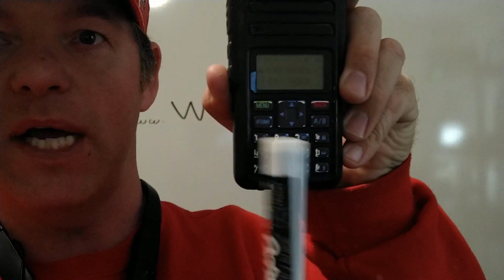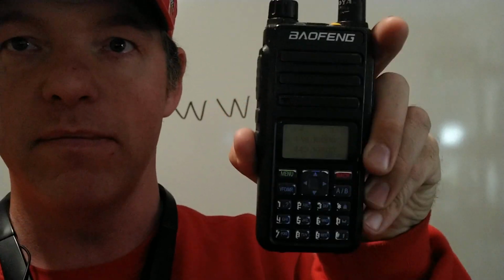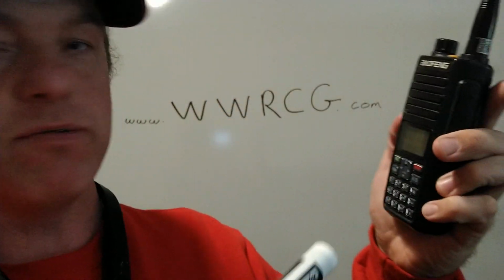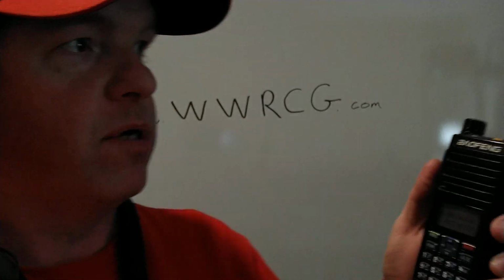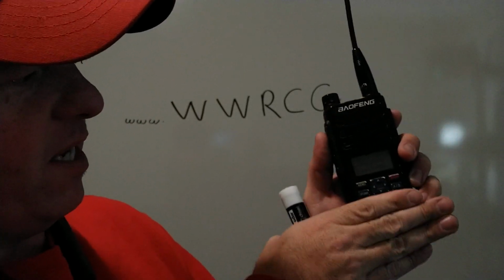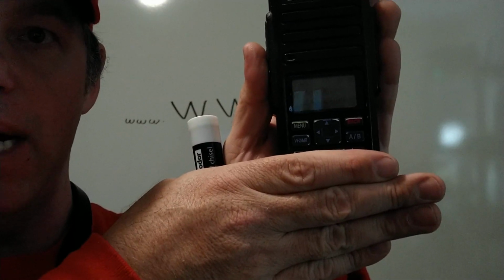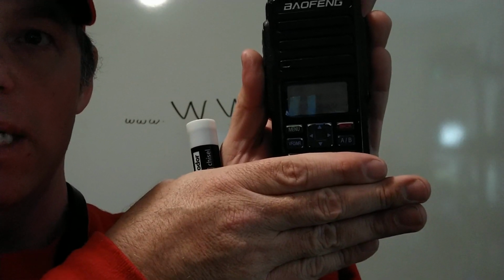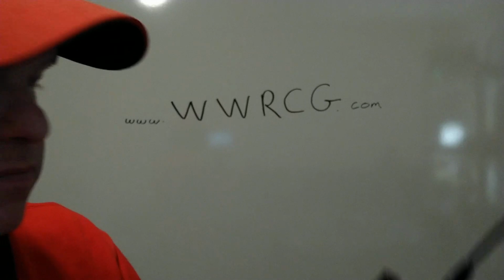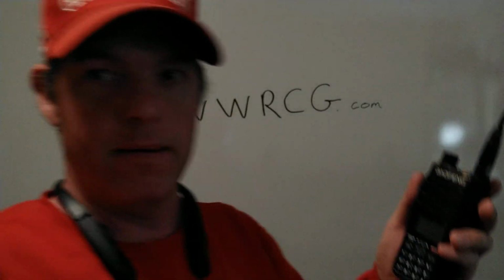This right here is a Part 90 radio, okay? If this was a Part 95 radio, you would not see anything but this right here. A Part 95 radio, that's all you would see. Very little. It takes out the number pad.